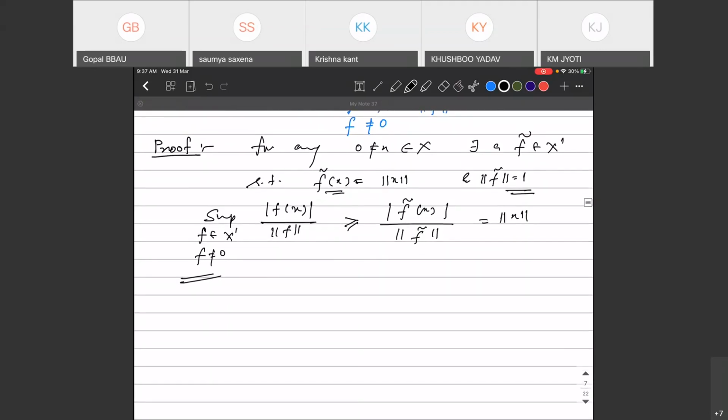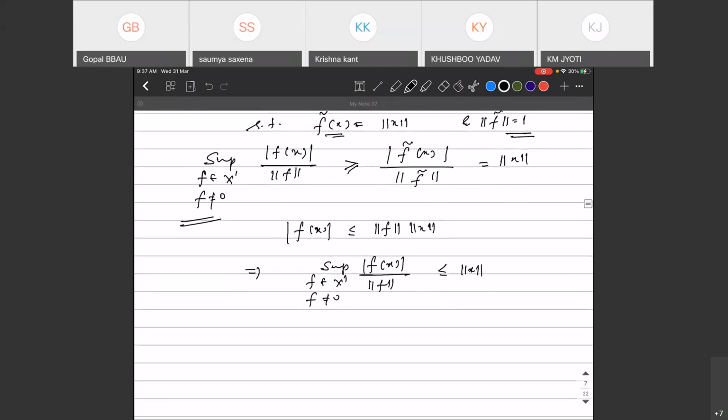Correct? And now use this inequality. Since f is non-zero, the modulus of f(x) by the norm of f is less than or equal to the norm of x. So hence the equality.